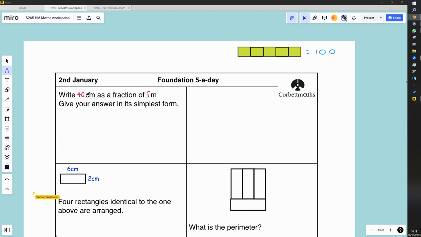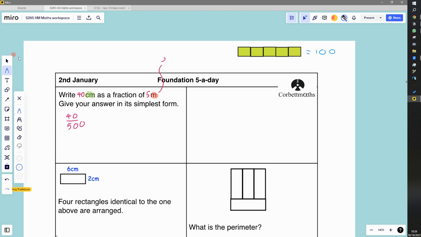What did we do first, and how did we eventually come up with the answer in the simplest form? You knew it's going to be 40 over 500, because 5 meters is 500 centimeters. So we put them both in centimeters.